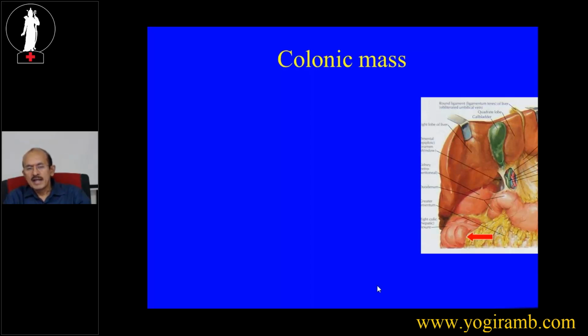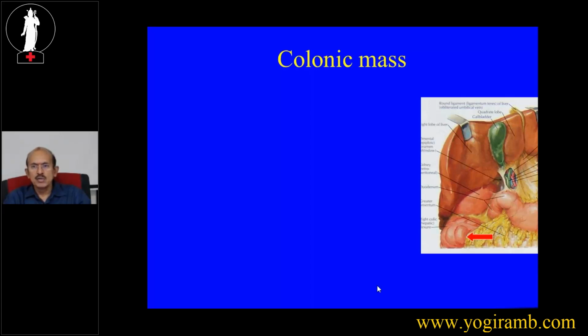About 95 to 98% of malignant tumors of the stomach are due to adenocarcinoma. Only 3 to 5% are because of GIST tumors. That is why GIST tumors must be only the second to be told, not the first one. So whenever you feel a mass from the stomach, you must consider it to be carcinoma of the stomach.